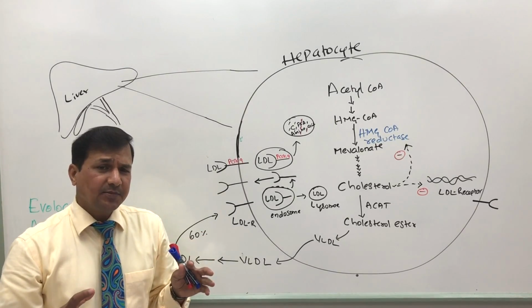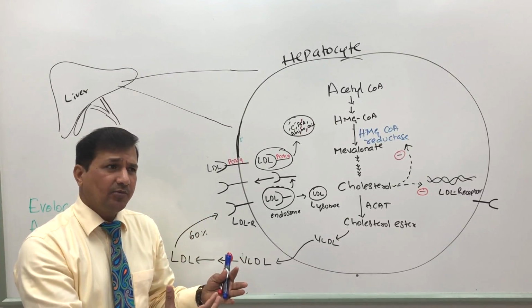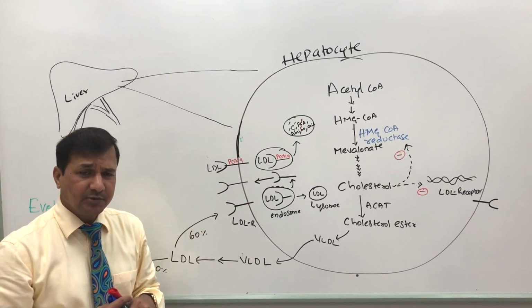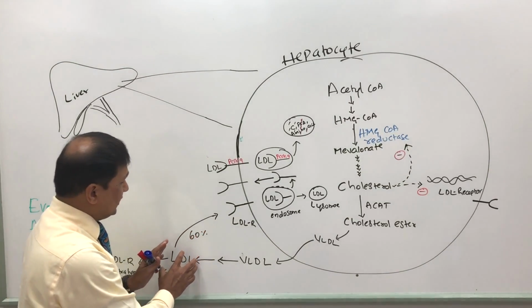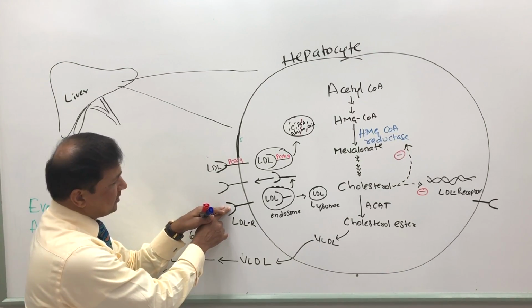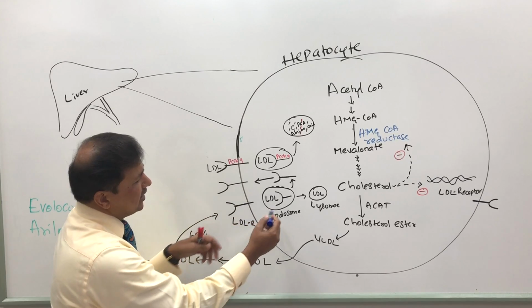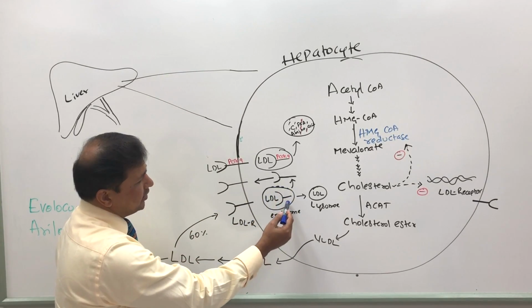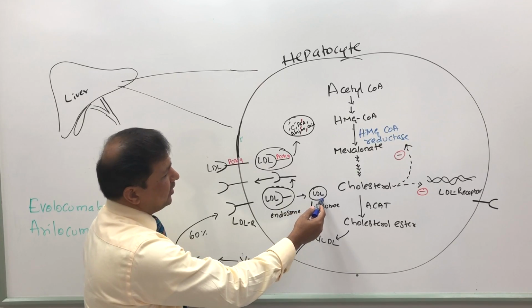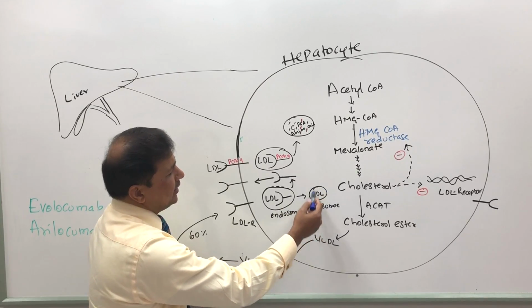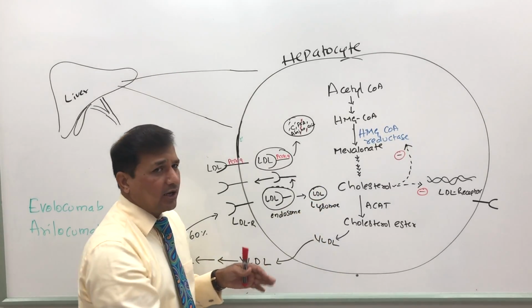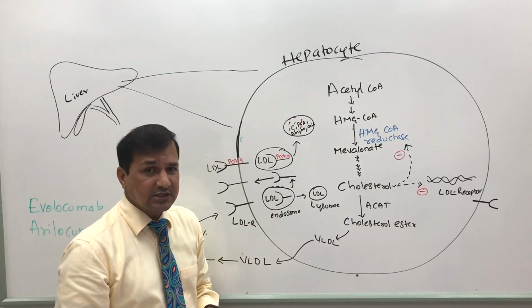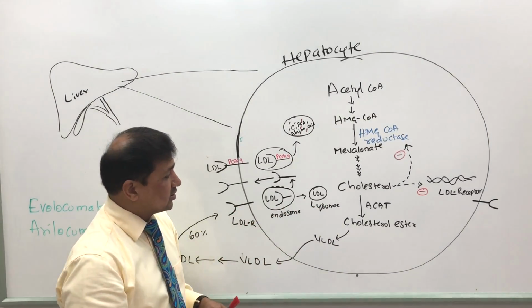The LDL receptor has an extracellular domain and a cytoplasmic domain. When LDL interacts with the LDL receptor, it is internalized, making an endosome, which eventually fuses with the lysosome. In the lysosome LDL is broken down and the cholesterol gets into the cell. That's how the cholesterol gets in.